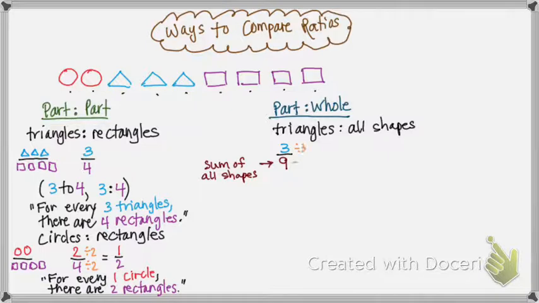They have a 3 in common. And that's going to equal 1 triangle for every 3 shapes. In addition to writing it that way, I could do it with the word to, let's do that first, and I could do it with the colon.